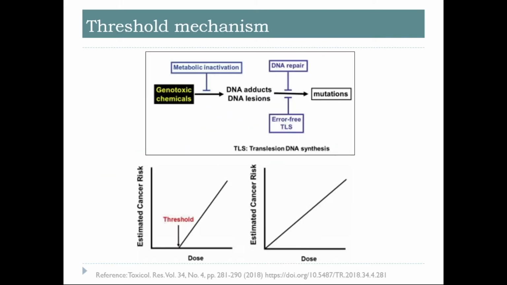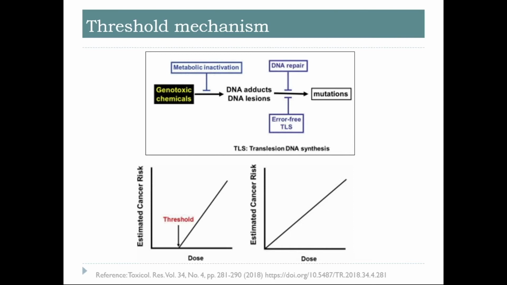Coming to the threshold mechanism, what exactly is it? Before getting into the case example in the next slides, we will try to understand it. When any genotoxic chemical is present at the cellular level, it may cause DNA adducts or lesions and mutations. There can be several mechanisms within each cell to counter this, for example antioxidant defense mechanisms, or attenuating these chemicals by metabolic inactivation.